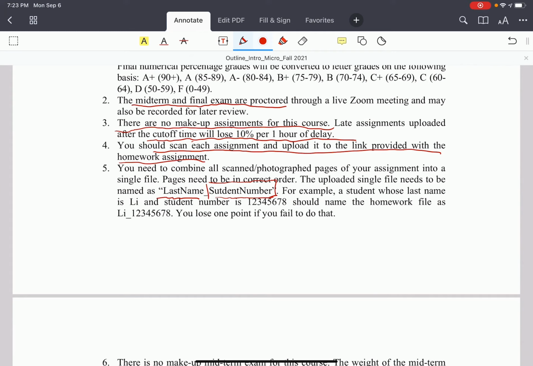And with this kind of match, the program will be able to send back your homework. So if you don't give me your student number, then the program will not be able to send back your homework. And I'm sure you prefer me to give you back the homework, right?